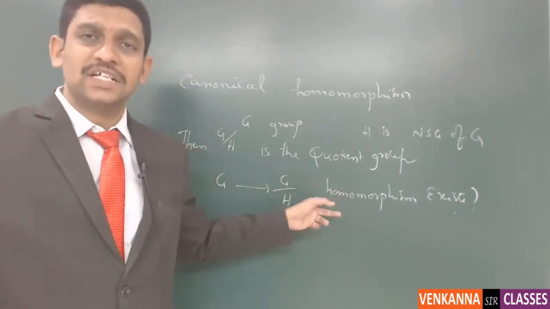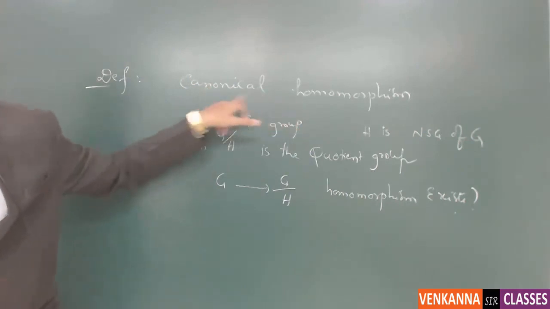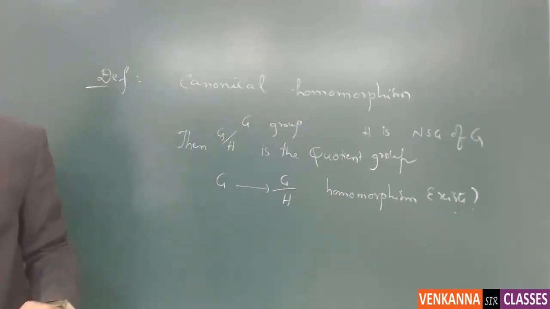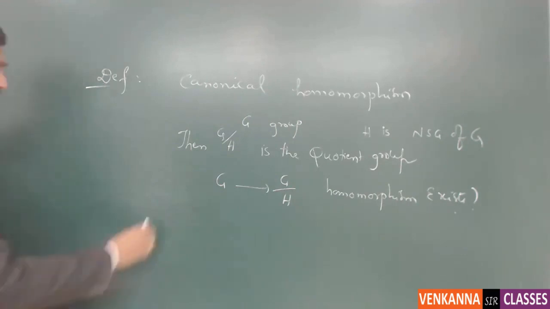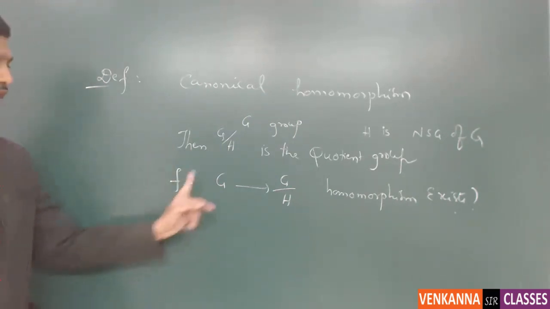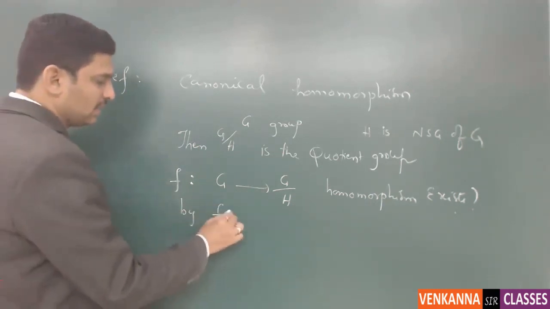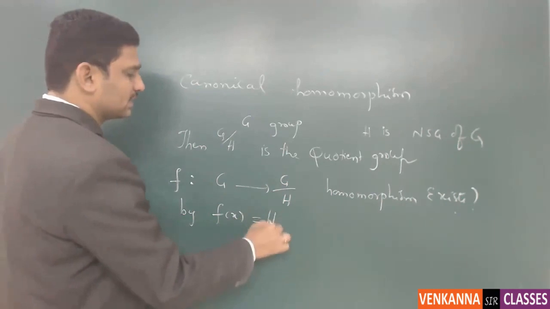If it exists, then we call it the canonical homomorphism. So the definition is very simple. You define the function f from G to G by H by f of x is equal to Hx.